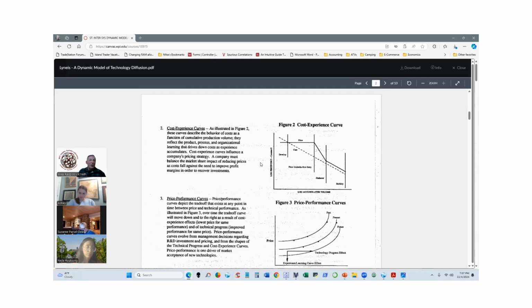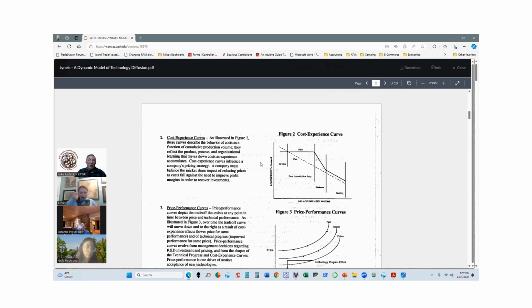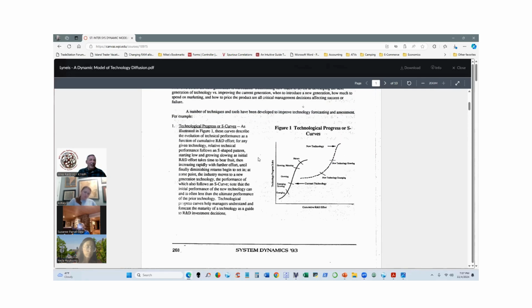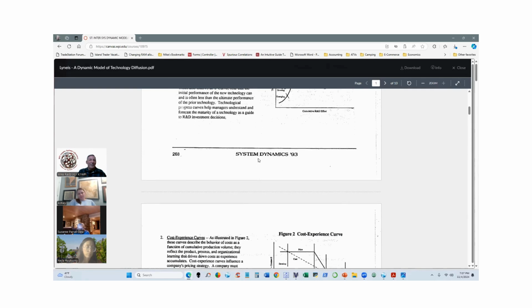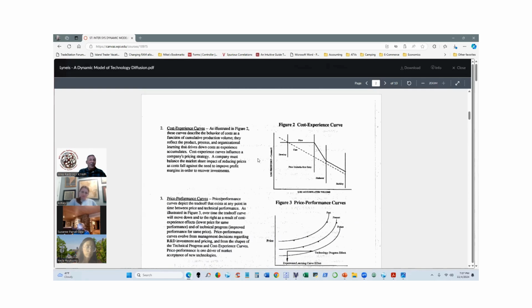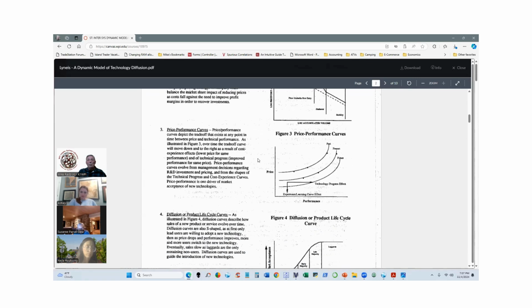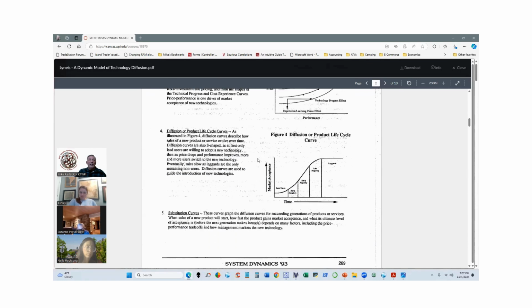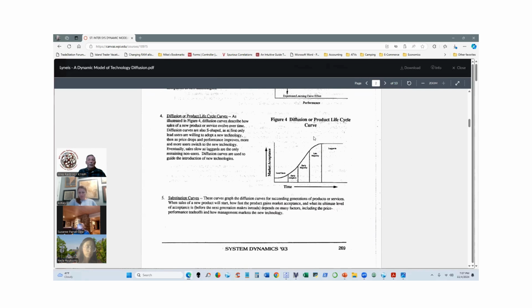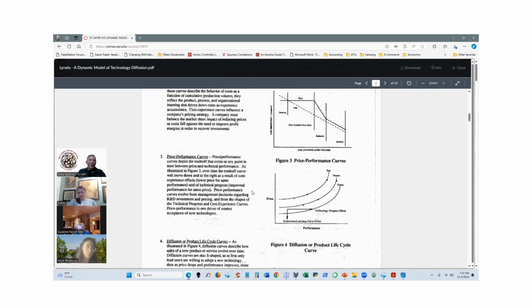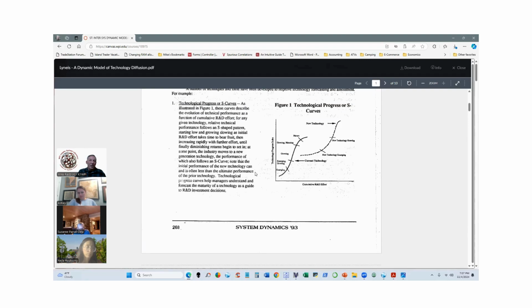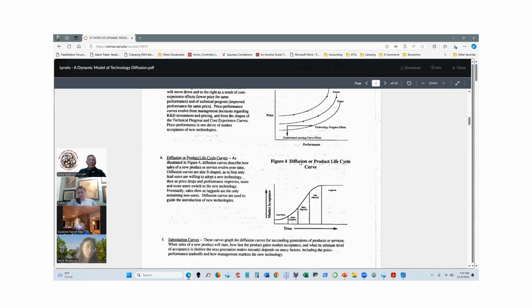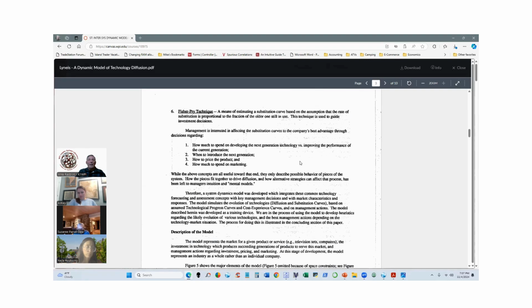Cost experience curves, learning curves are in his model, integrated in there. So he's got something like the Bass model in there. He's got something like a learning curve formulation in there. Price performance curves, diffusion or product life cycle curves. So this is more like a Bass model, versus this is a twist on it for technology diffusion.